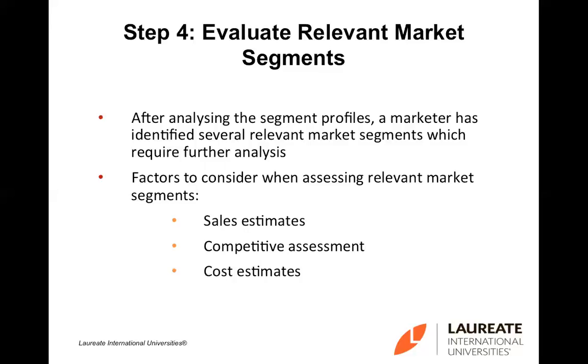When it comes to selecting which market segments you want to compete in, there are two things that we need to consider. The first one is the attractiveness of the market, and the second one is our own capability to compete in that market.